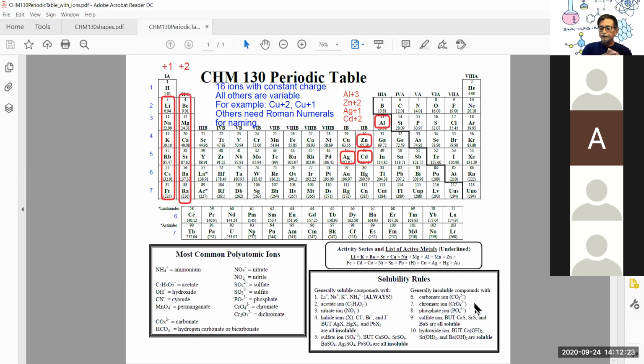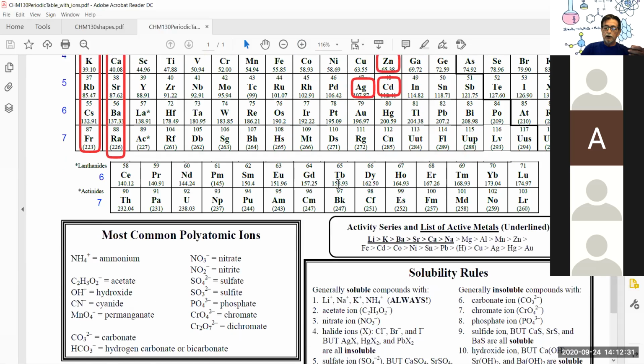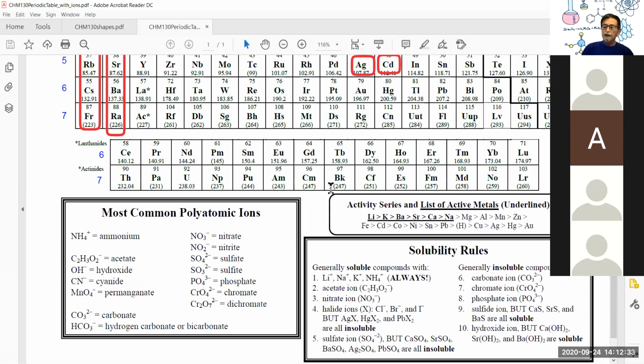The procedures are the same. Notice that for some of them we only have one positive charge. That's the ammonium ion, NH4 plus. The other ones are anions, all negative charge.